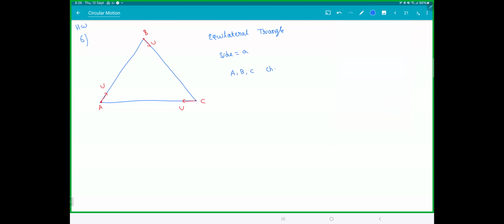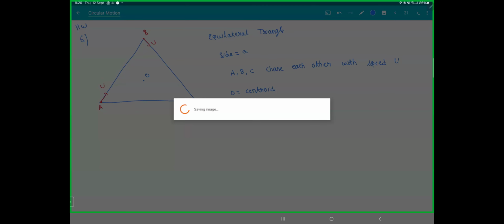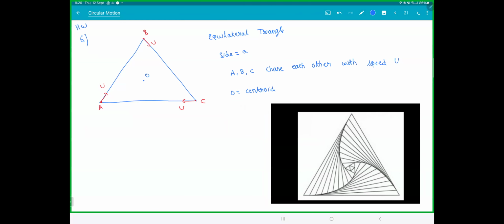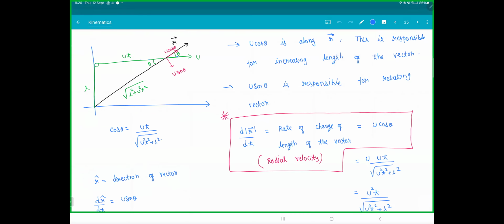A, B, C chase each other with speed U. O is the centroid. This is how they will go. You guys remember this? We did a pretty detailed analysis on this in kinematics, in relative motion.